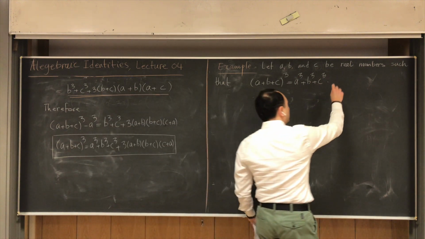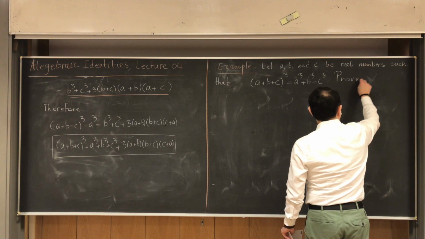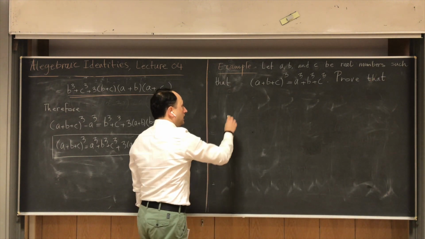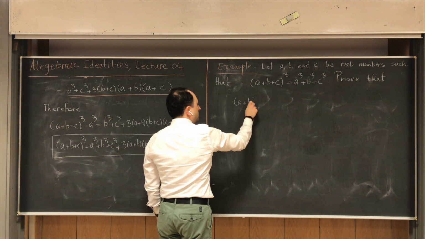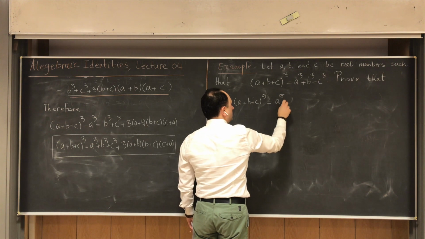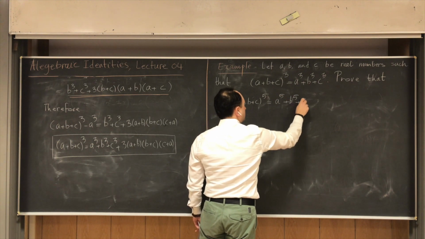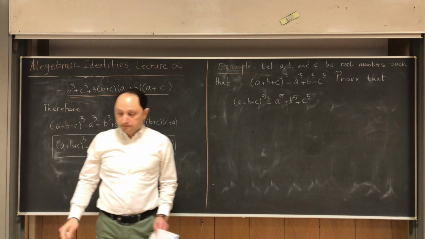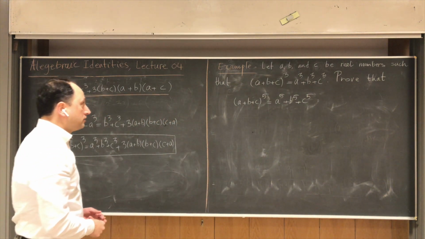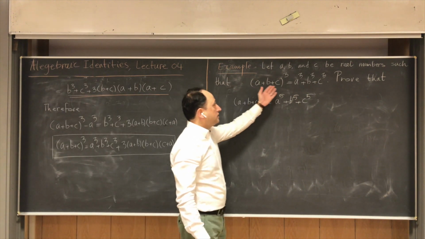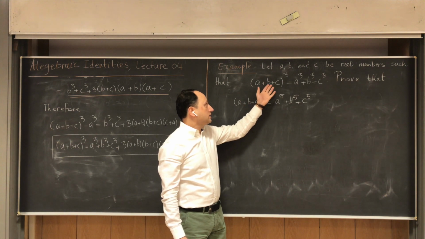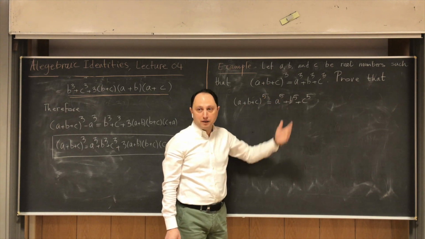Prove that under this condition, (A plus B plus C) to the 5 is also equal to A to the 5 plus B to the 5 plus C to the 5. So our goal is to prove this. If this happens for 3 real numbers, then we want to prove that also the same thing for fifth powers will happen. Okay.